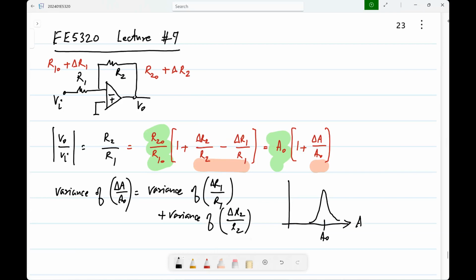Okay. So in this particular case, the variance of gain error, relative gain error, is the sum of variances of relative resistor errors. There are two resistors here. Okay.